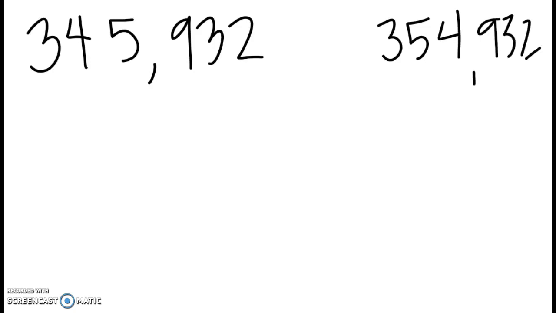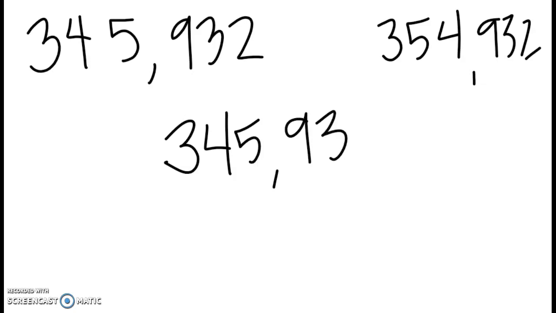All right, let's look at some examples. So, say I have 345,932, and we want to compare it to 354,932. Okay? All the same digits, just in different spots. So I like to write them on top of each other.